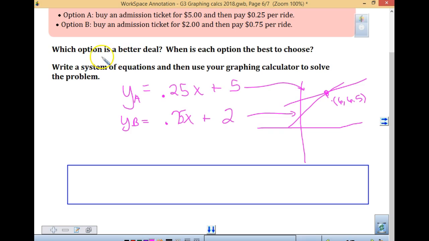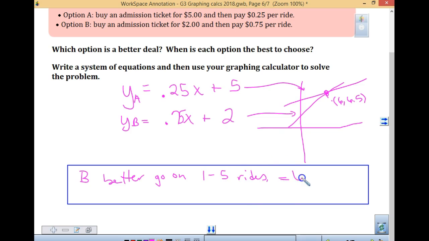So it says, which option is a better deal? Well, it depends, right? Depends how many rides you're going on. Option B is a better deal if you're only going to go on less than 6 rides, right? So which option is a better deal? B is better if you only go on 1 to 5 rides.